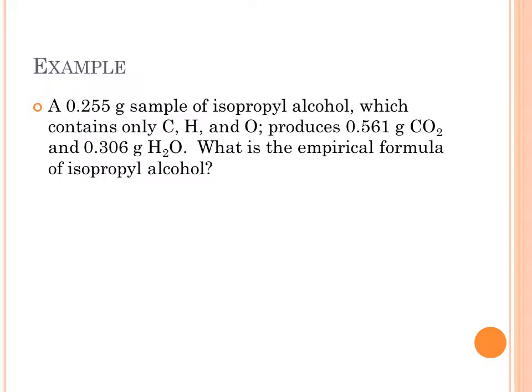Here is a slightly more complex problem where we have a 0.255 gram sample of isopropyl alcohol, which contains carbon, hydrogen, and oxygen. Burning it produces 0.561 grams of carbon dioxide and 0.306 grams of water. We again want to know the empirical formula.